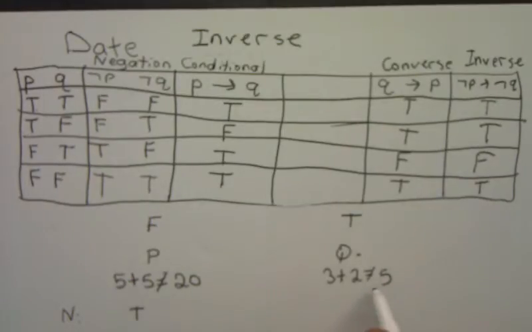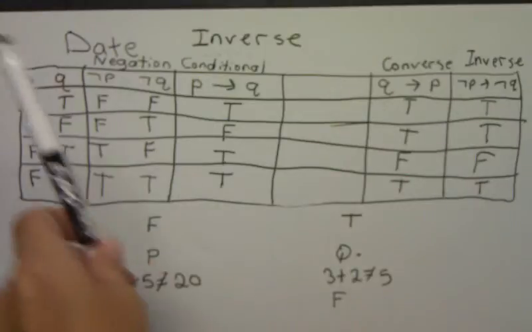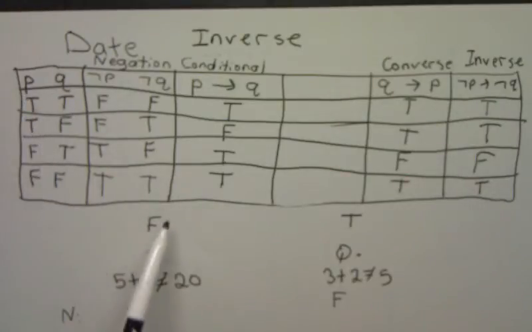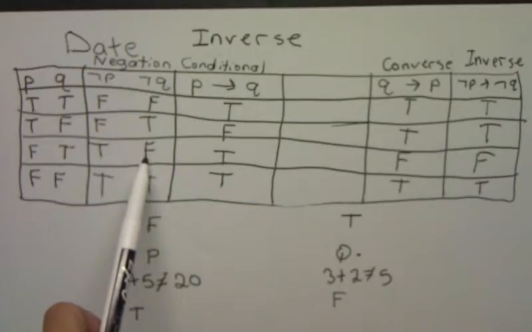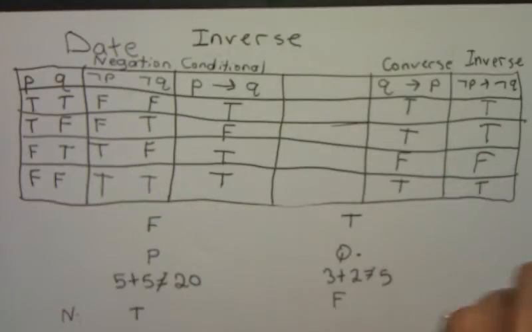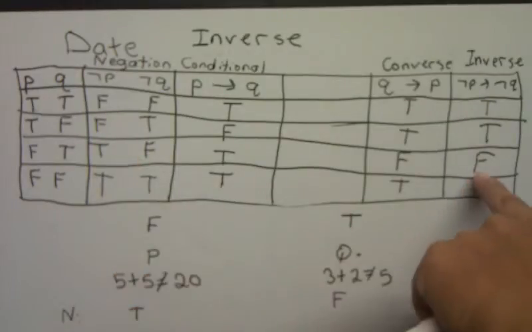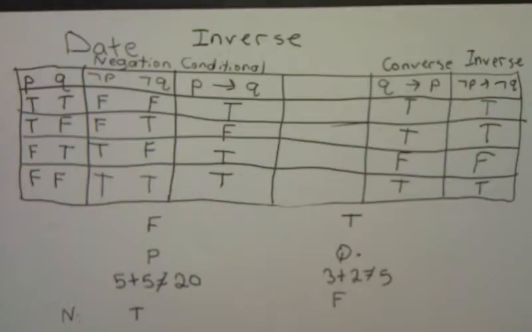We have to say the opposite. Is that true? 3 plus 2 does not equal 5. No, that's false. Okay? So let's see. Negate says if we have a true and a false, my statement is false. Okay? True and false, my statement is false. Alright, so let's try another one.